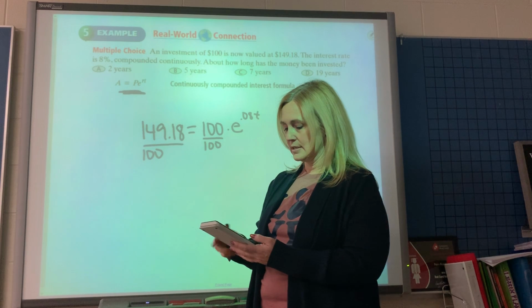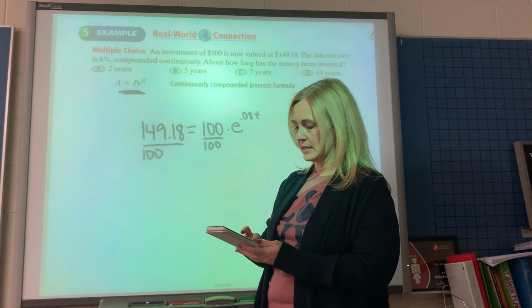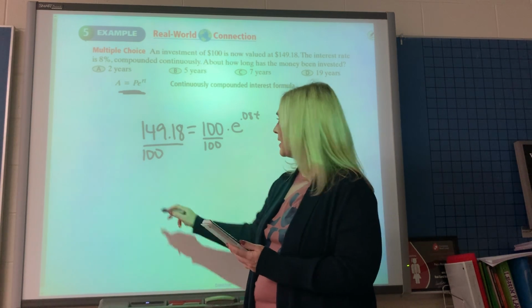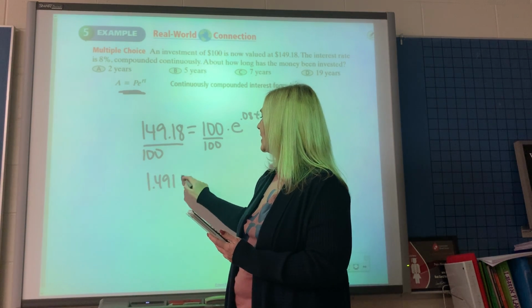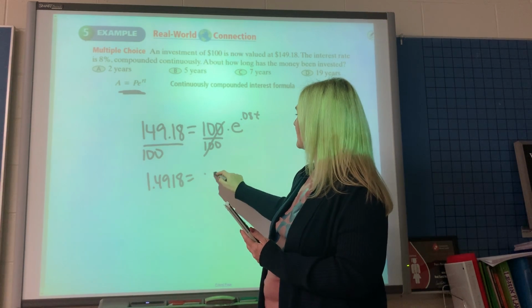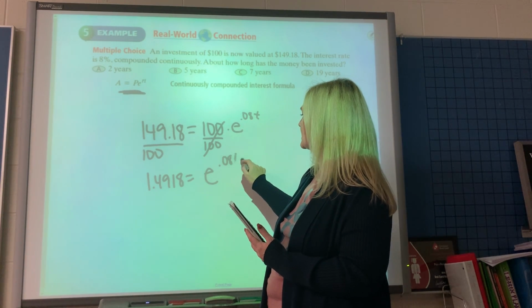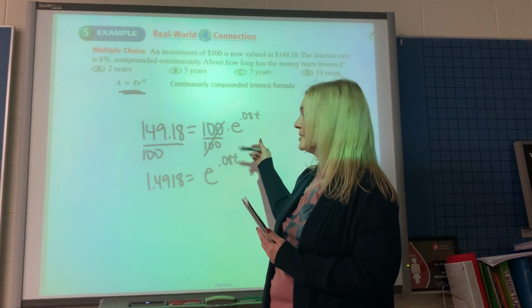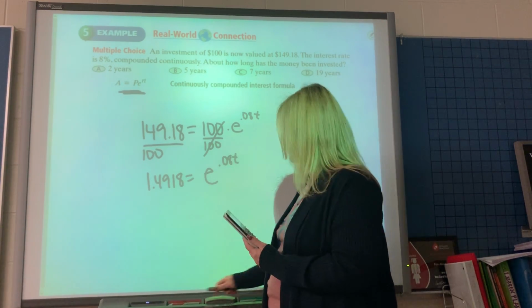149.18 divided by 100 is 1.4918. Just move your decimal twice to the left. I wasn't thinking. That's gone. You have e to the 0.08t power. So on this one now, to get this variable down out of the exponent, you're going to take the ln of both sides.